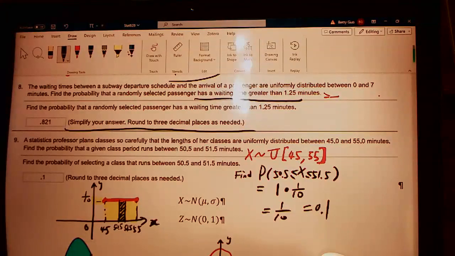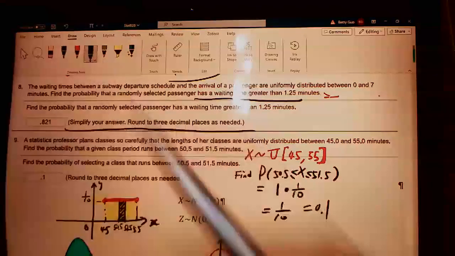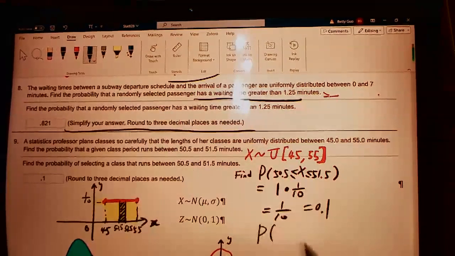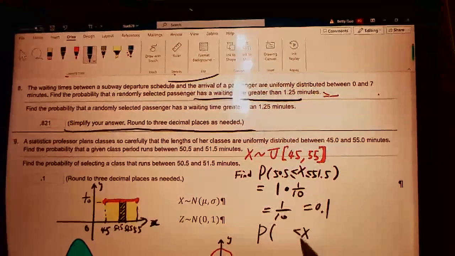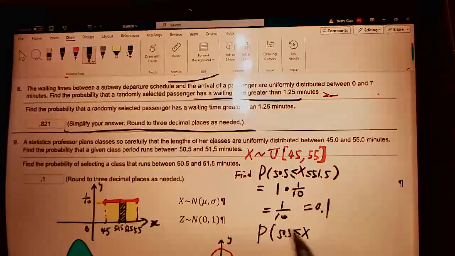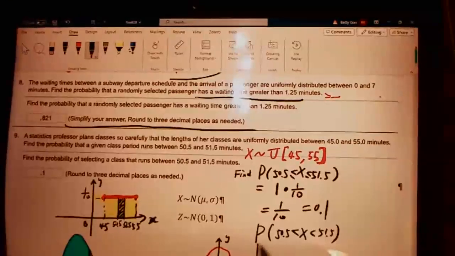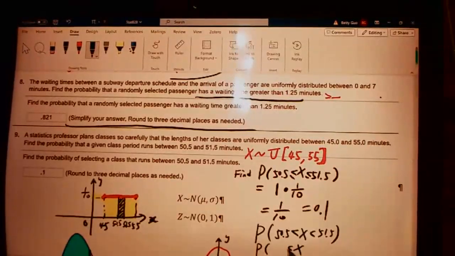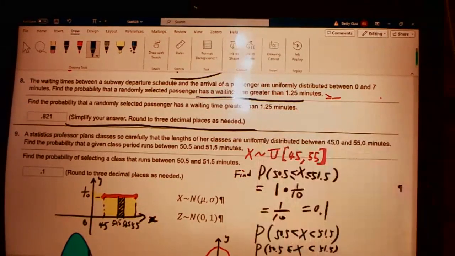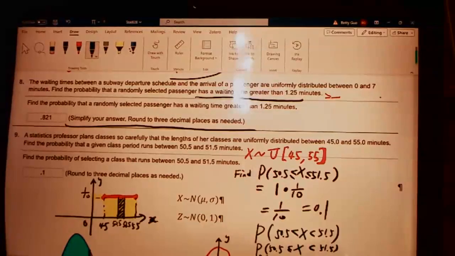All right. One more thing before we keep going. I have a question. What if I want you to find the probability that X is strictly bigger than that, strictly less than that, or X is bigger than or equal to 50.5 and strictly less than 51.5, or strictly bigger than 50.5 and less than or equal to 51.5?